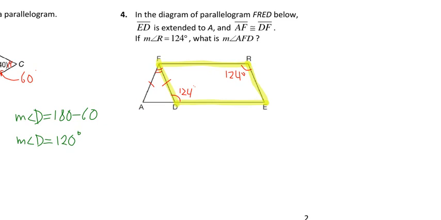And now we can use the fact that we have here a linear pair to find the measure of this angle, which would give us also the measure of this angle. And then using the fact that the three interior angles of a triangle add to 180, we could find this angle here.